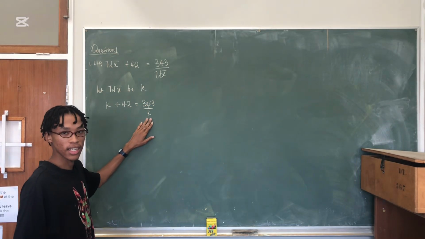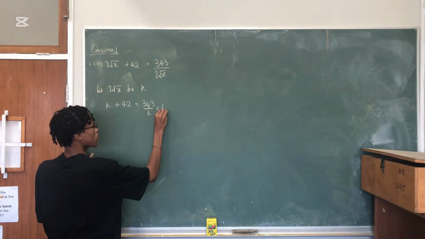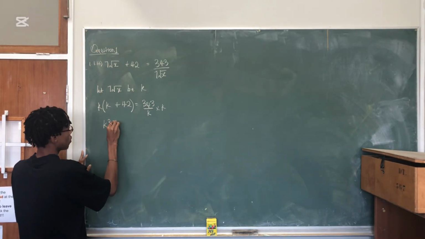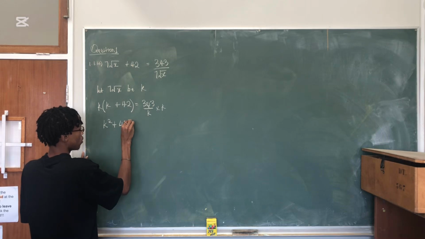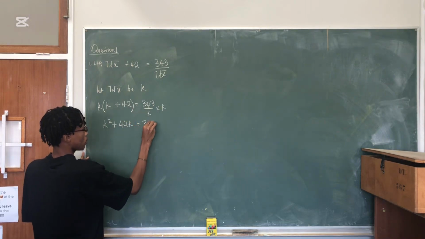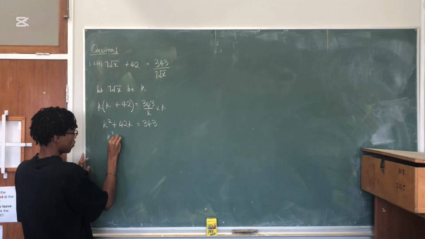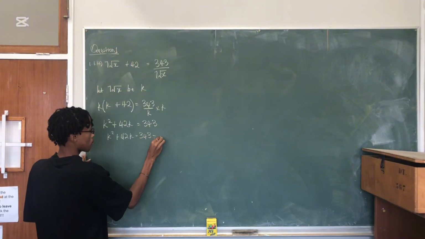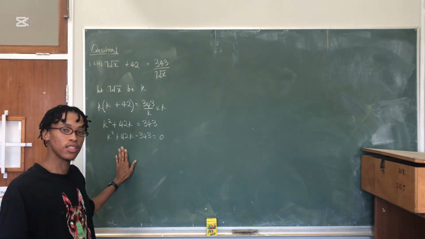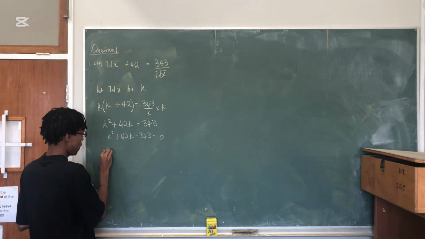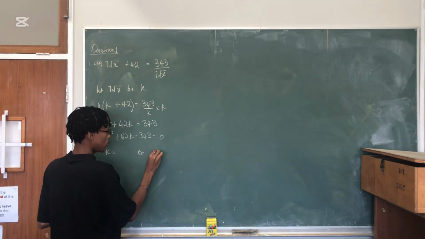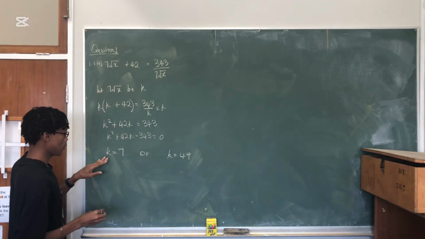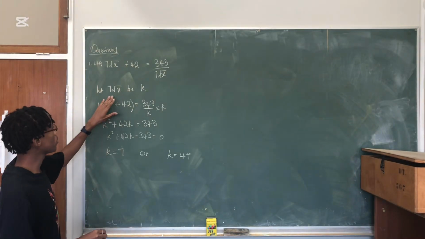We don't want k as a denominator, so we're going to multiply it out. From here, we can use the quadratic equation. k is going to be 7 and 49.